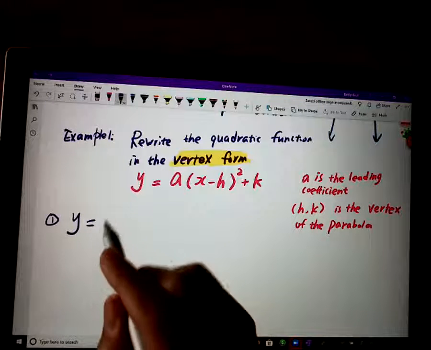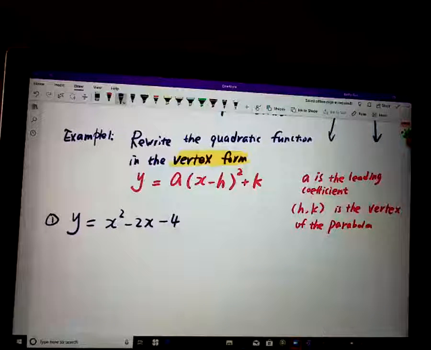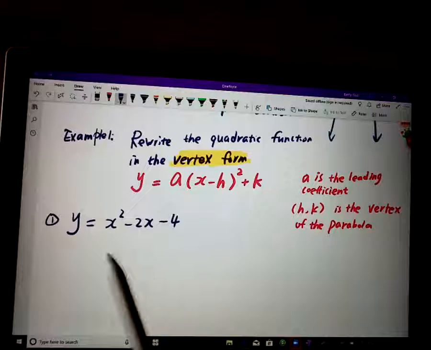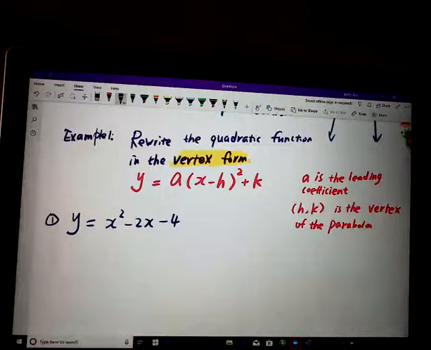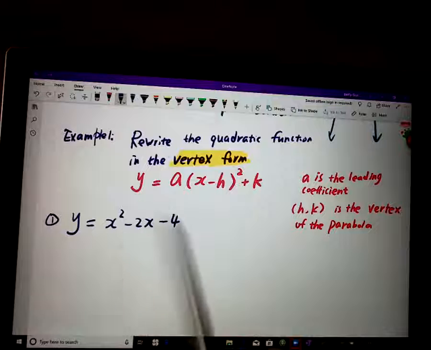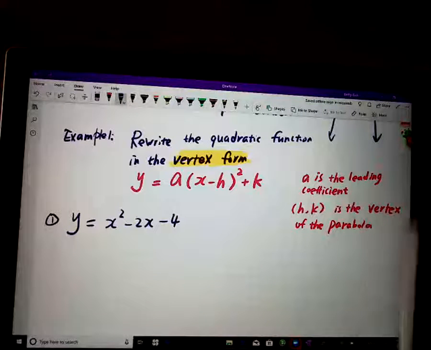How do we rewrite a quadratic function if it is given in the standard form? You see we have two forms for a quadratic function. The given function is given in the standard form. We need to rewrite the function in the vertex form and then identify the vertex.